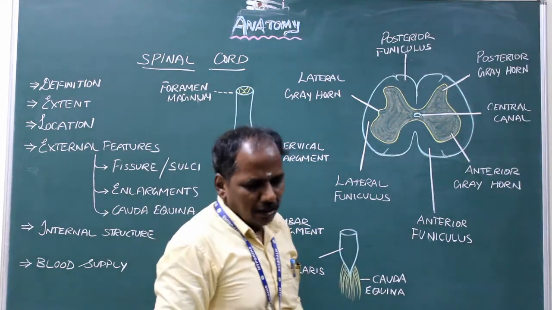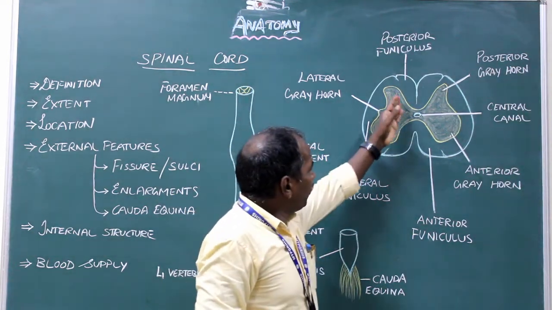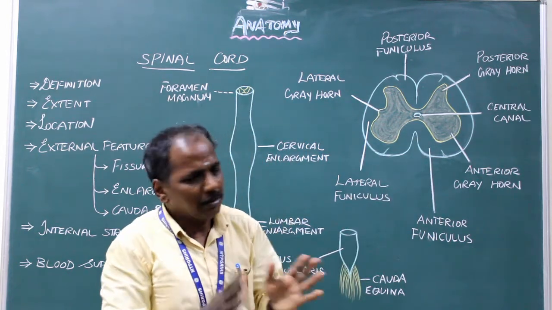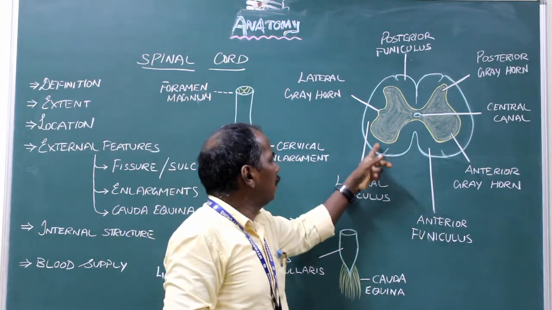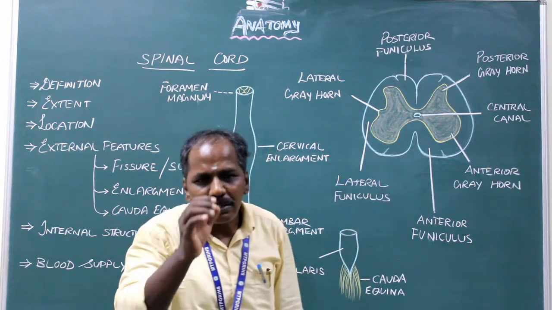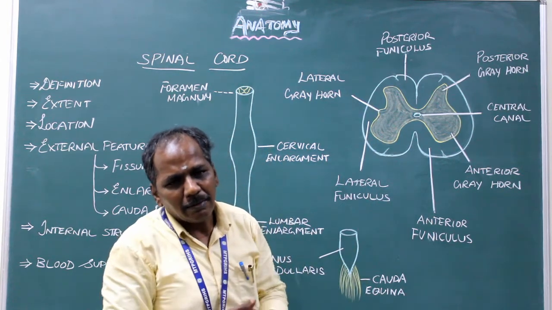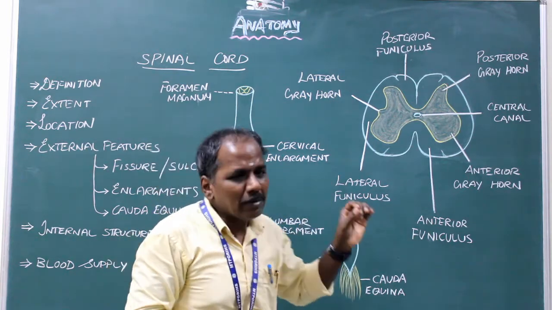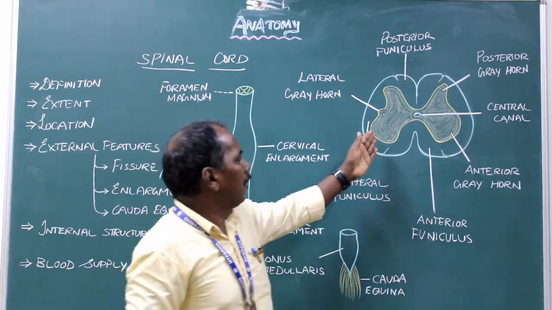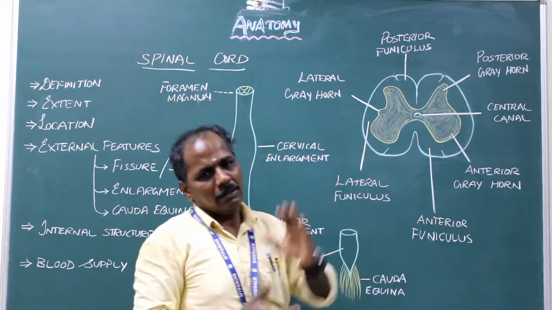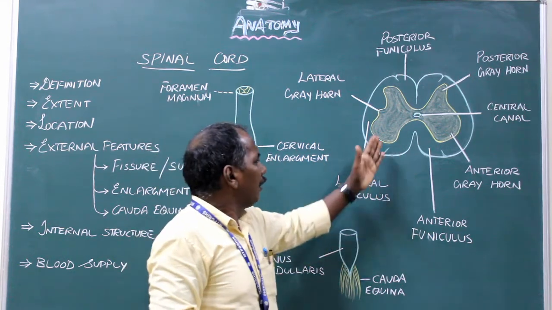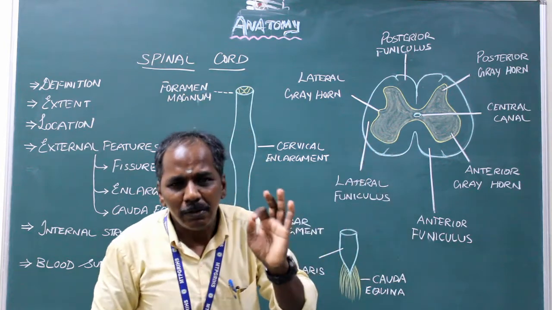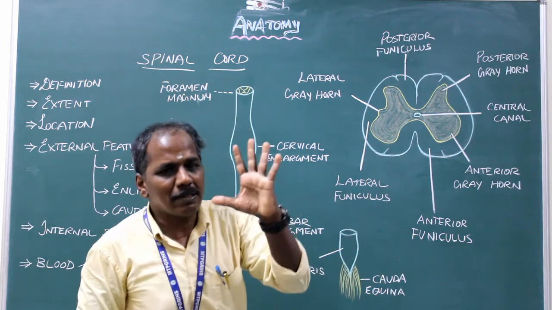See, the grey matter is fully made up of neurons. The white matter is made up of the axons coming from the grey matter. So, what are the types of neurons present in the grey matter of the spinal cord? The anterior grey column contains motor neurons, supplying the muscles.